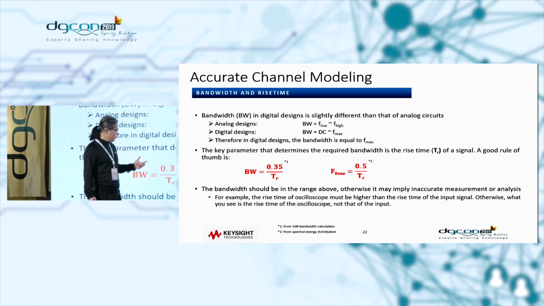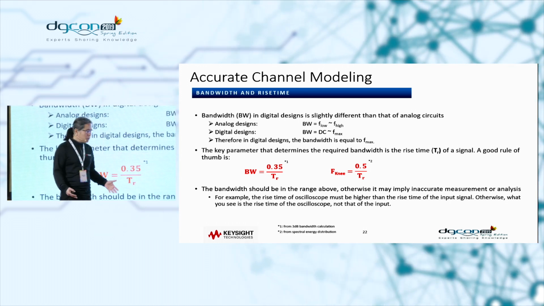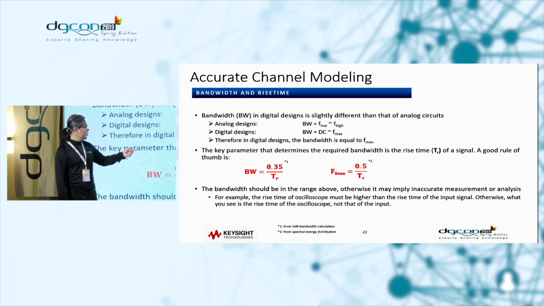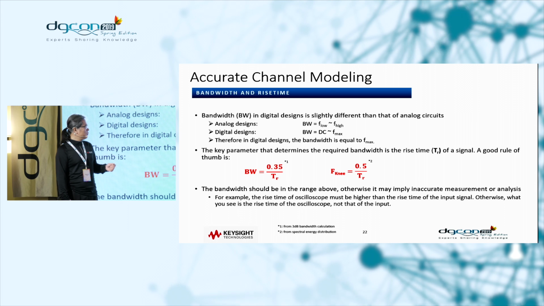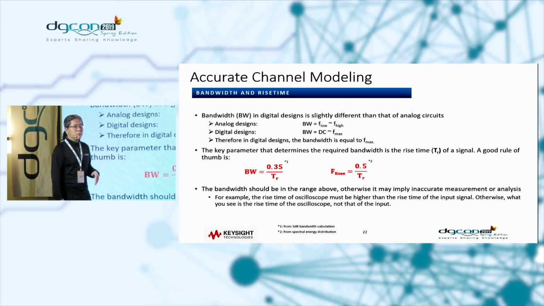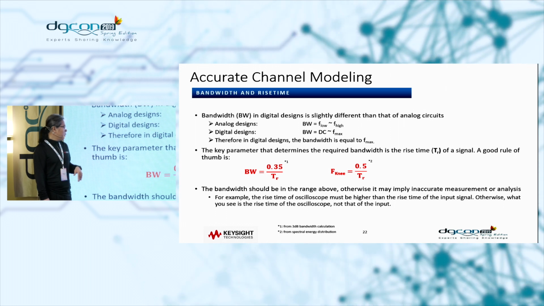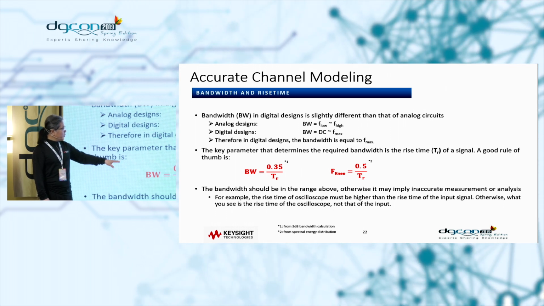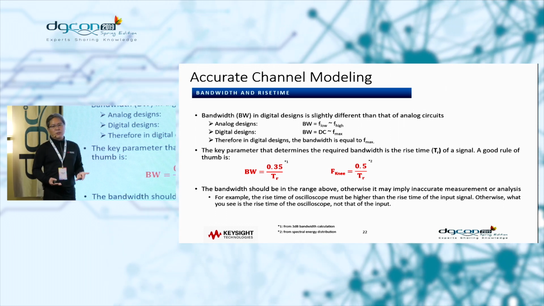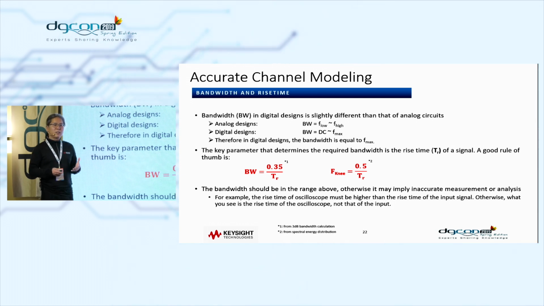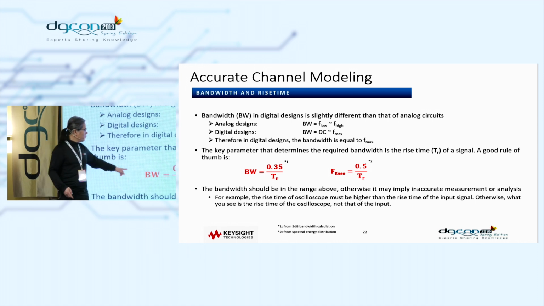Or if you are looking for more of a spectral energy density related calculation, you can use the F-knee frequency equal to 0.5 divided by the rise time of the signal. But the interesting thing is everything is related to the rise time of the signal, right? So if you have the rise time of your waveforms, then you can easily calculate the necessary bandwidth for the channels.